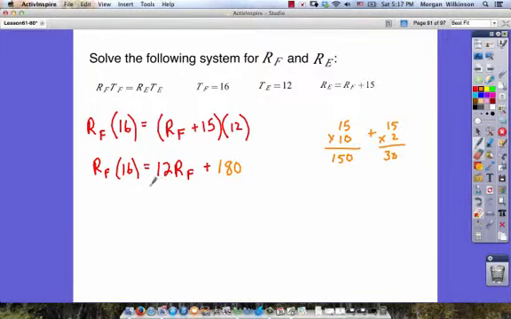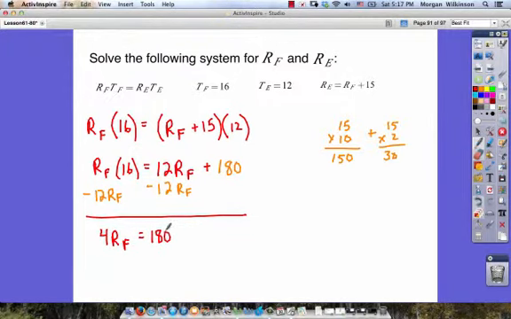And now we can figure out our answer by subtracting 12 r sub f from both sides. Just remember that order of multiplication here doesn't matter. So it's 16 r sub f minus 12 r sub f, and 16 minus 12 is 4. So we get 4 r sub f is equal to 180.